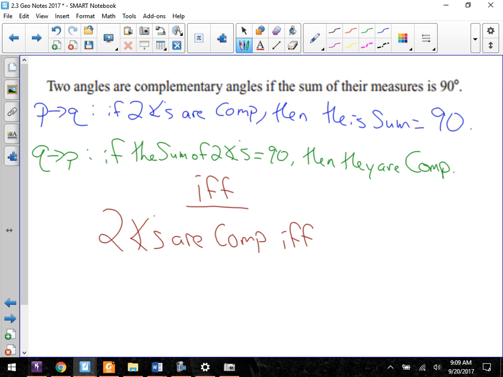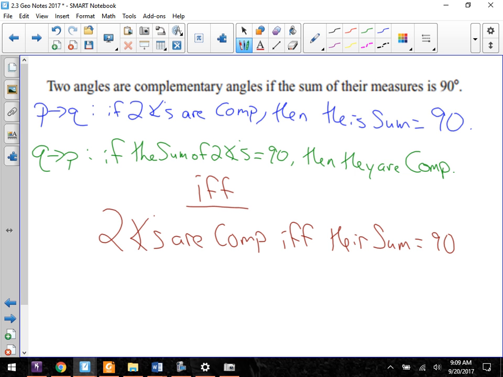That's what it looks like in terms of starting with the conditional, P implies Q, your original if-then. Say it backwards, and then put it together with an if and only if. It's not that bad, is it?